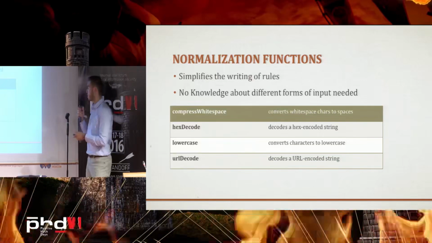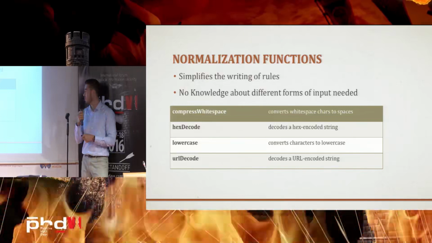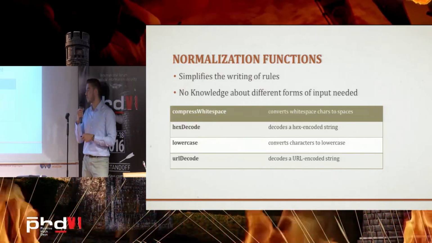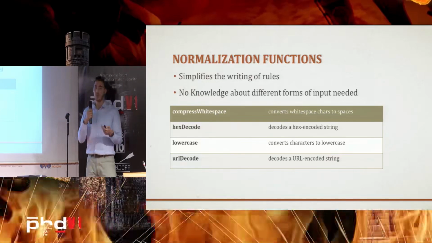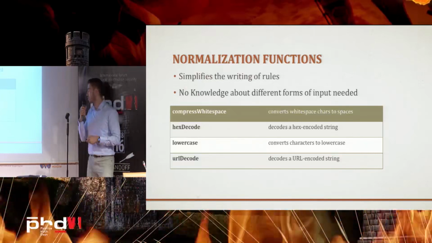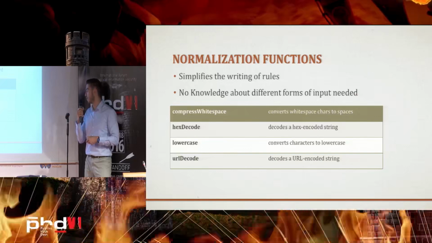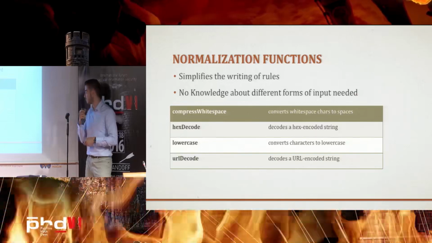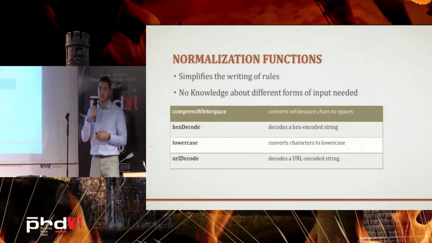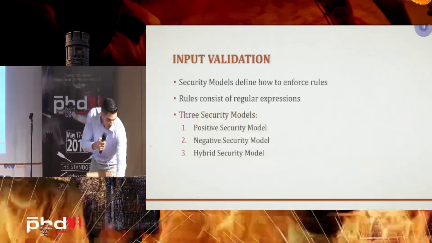We have the hex decode function, and as it states, it decodes a hex encoded string into ASCII. We have the lowercase function, which converts all characters to lowercase. So if I want to write a rule, I don't have to think about uppercase and lowercase letters. And we have the URL decode function, which decodes a URL encoded string. There are a lot more functions, but just to get an idea, I've chosen the easiest ones.